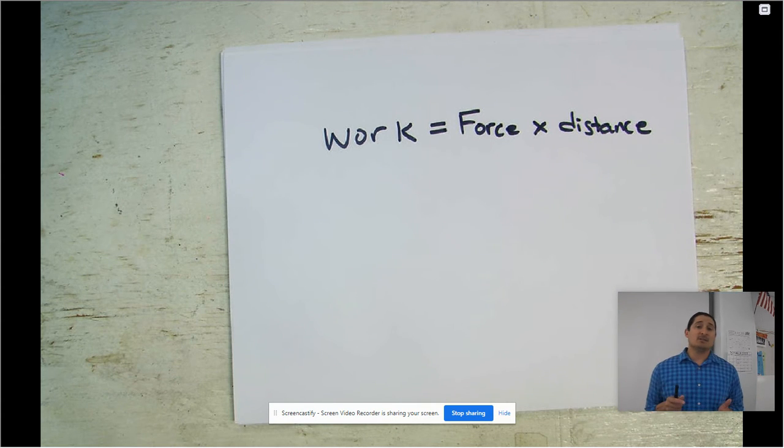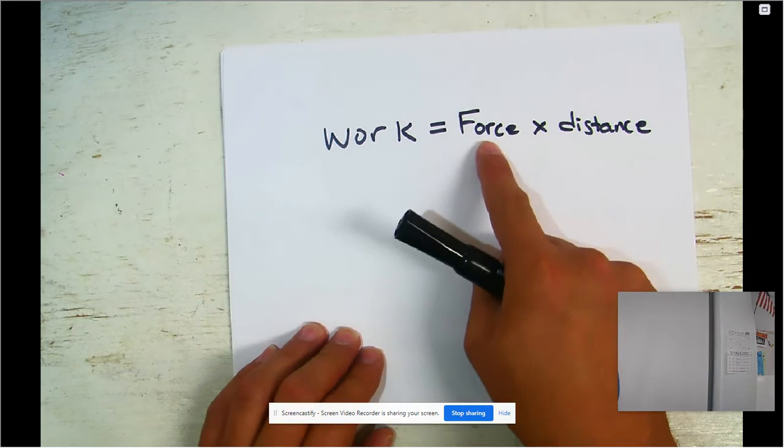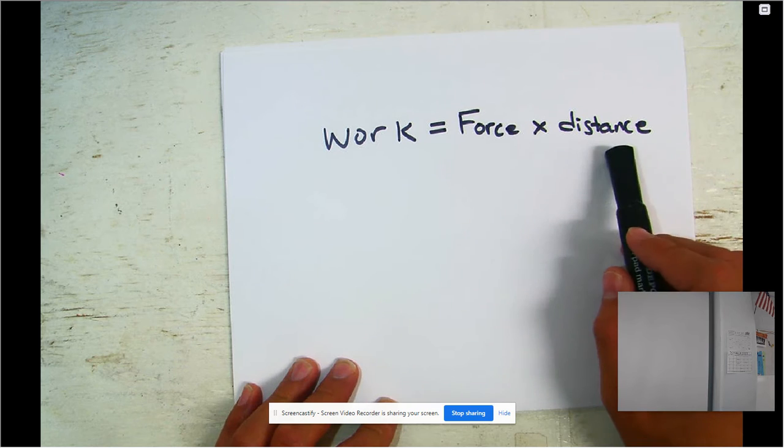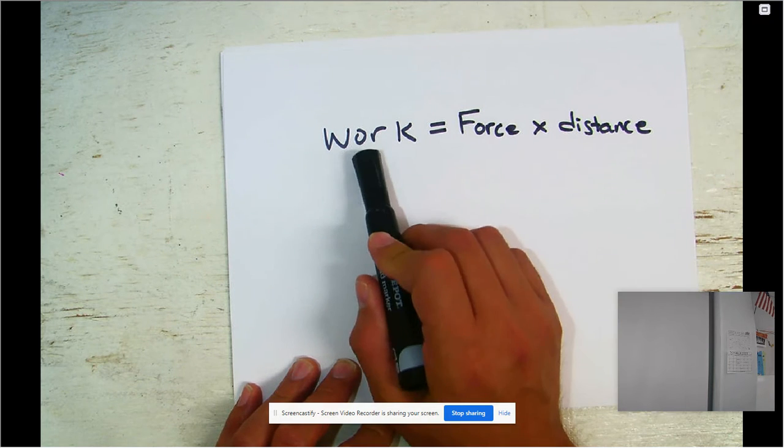So we said force is the ability to transfer energy from one point to another. And how are you going to transfer energy from point A to point B? Well, you do that by applying a force. And if you apply a force and the object moves, then like I said, we have work done.